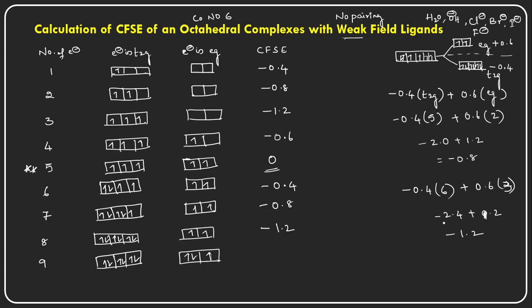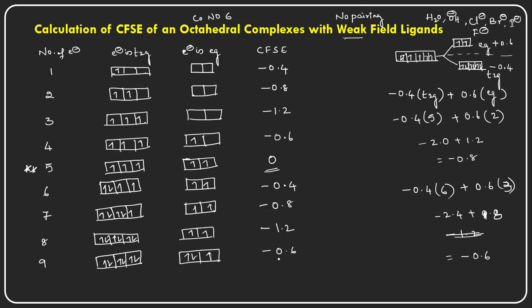So the value will be minus 2.4, and 0.6 into 3 will be plus 1.8, right? And minus 2.4 plus 1.8 gives minus 0.6, right? Minus 0.6.